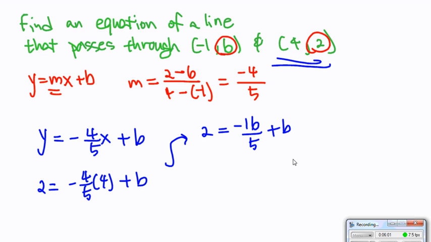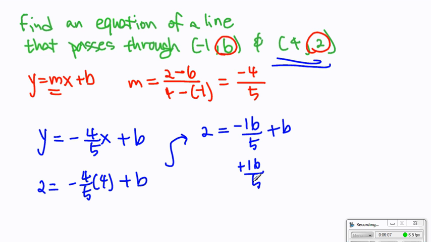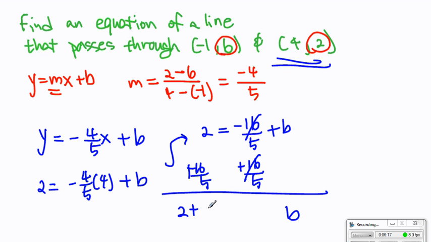Alright, so how are we going to find out the value of b? All we have to do is add 16/5 to both sides. Of course, b here becomes, these 2 cancel out, then we have 2 plus 16/5.